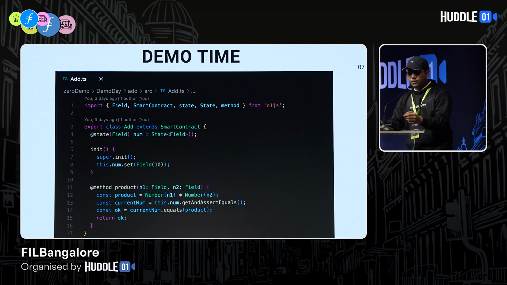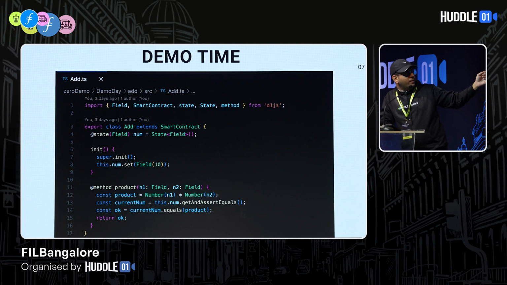Here, you can see there is an exported class Add, and it extends the smart contract. We are first of all initializing, and then we are setting one numeric field, and the field value we are setting as 10. Then we have one product method, which takes two inputs, field one and field two, and then we are just making sure that their product is equal to the num which we have set at the beginning.